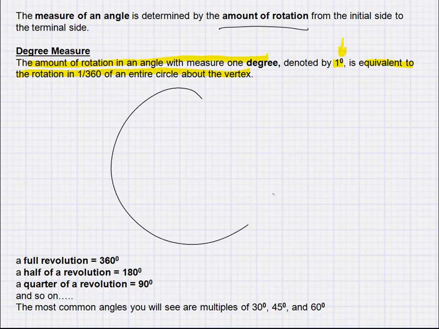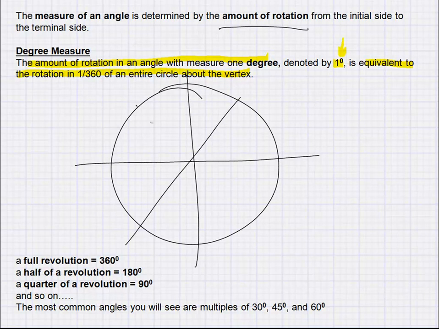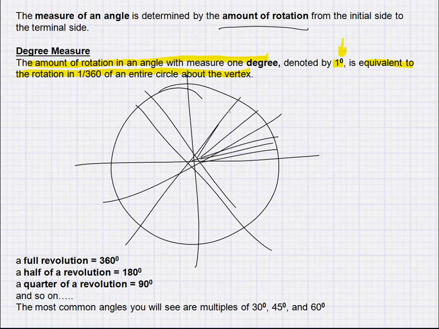So, if I take a circle like this and I just cut it up into 360 equal parts, I just keep cutting and cutting, so eventually what I have is all these slices like this, and each one of these slices, and this is a pretty terrible picture, the measure would be 1 degree. So it's just 1/360th of a full rotation. If I start in standard position here, and I go full rotation around, 1/360th of that full rotation is what 1 degree is.